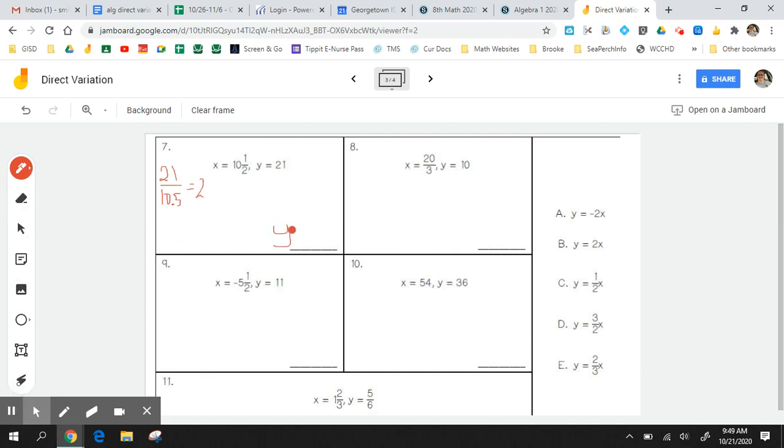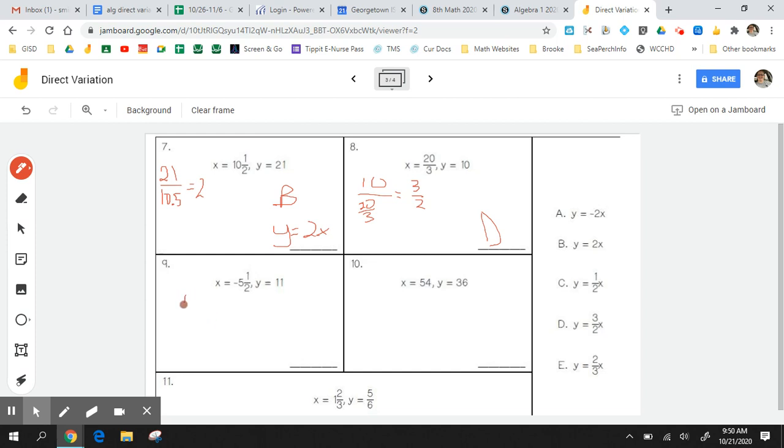So then I have y equals 2x for answer choice B. Okay, 10 divided by 20 divided by 3 should give me 3 over 2 as my answer, or 1.5, which is answer choice D.